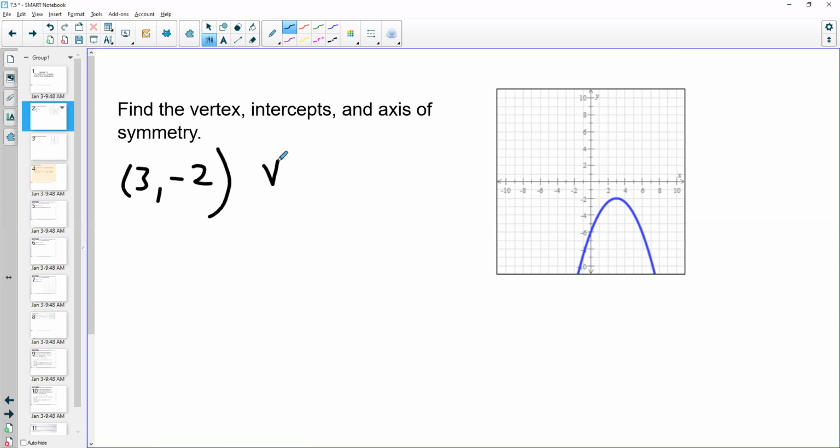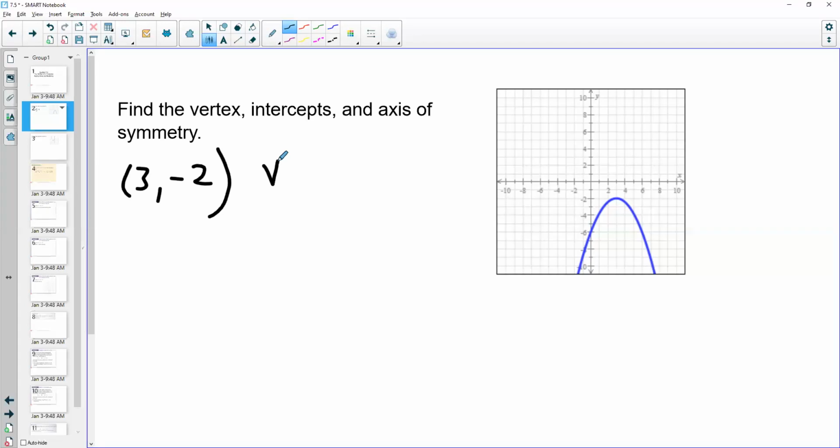So if it's up in space, it's possible that it doesn't have any. It's also possible that it has 1 because it only crosses the y-axis once, or it has 2 crossing the x-axis in 2 places. Honestly, it could have 3. It could cross the y-axis once and the x-axis twice.